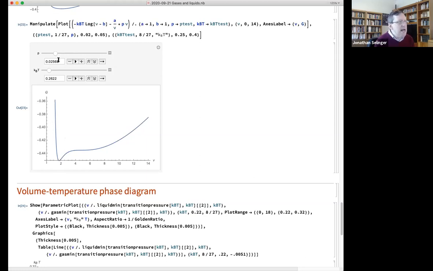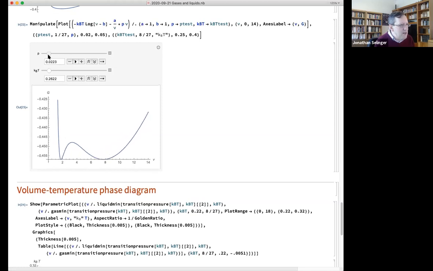Now, what if I decrease the pressure? If I decrease the pressure, that favors the gas phase. So if I decrease the pressure, at this pressure, I have the same Gibbs free energy for liquid and gas.